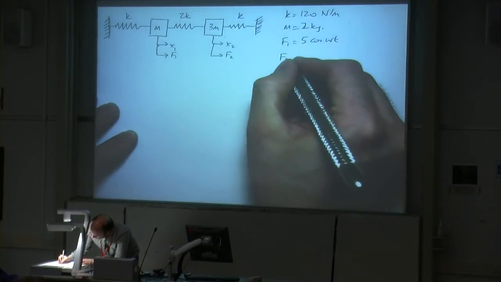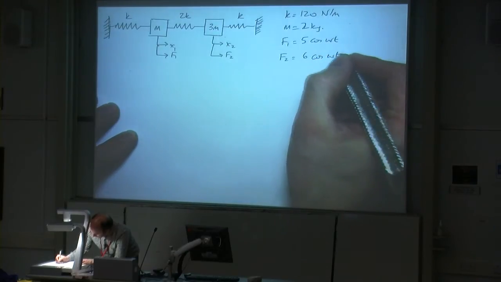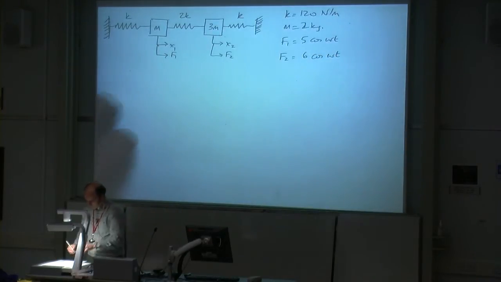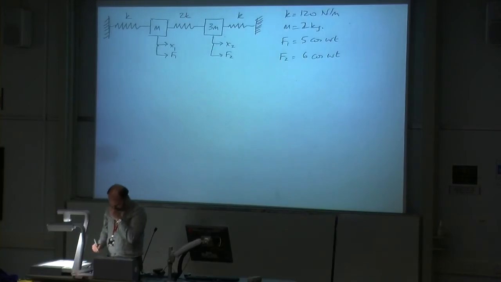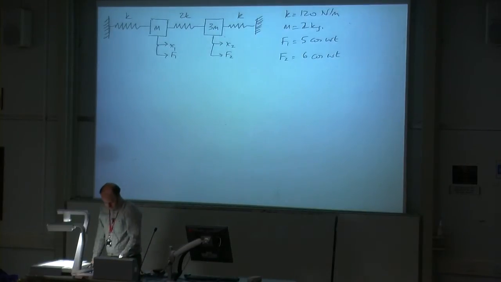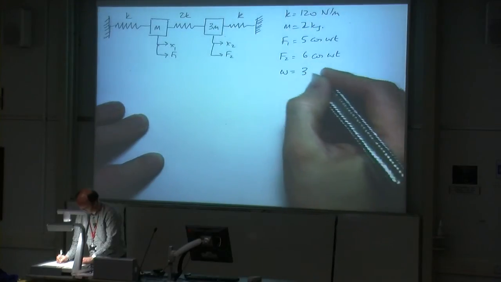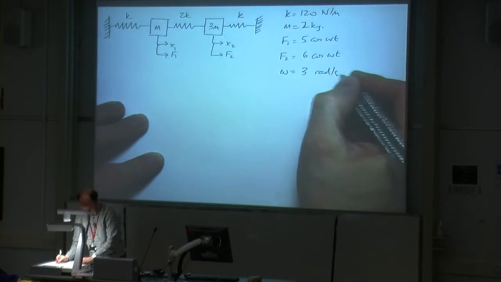And F2 is 6 cosine omega t. So we've got sinusoidal inputs to both x1 and x2, where omega is 3 radians per second.